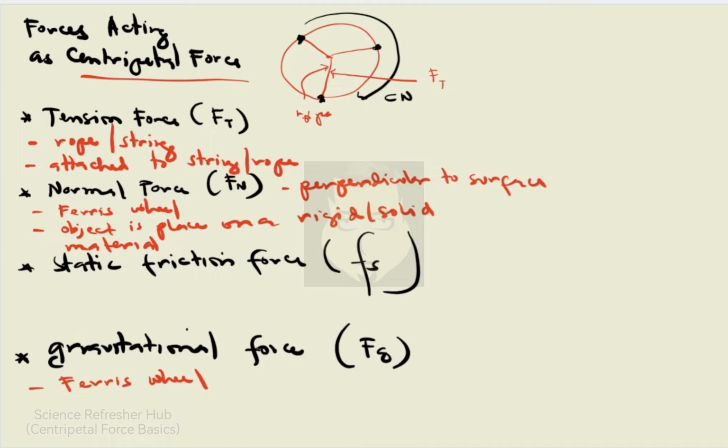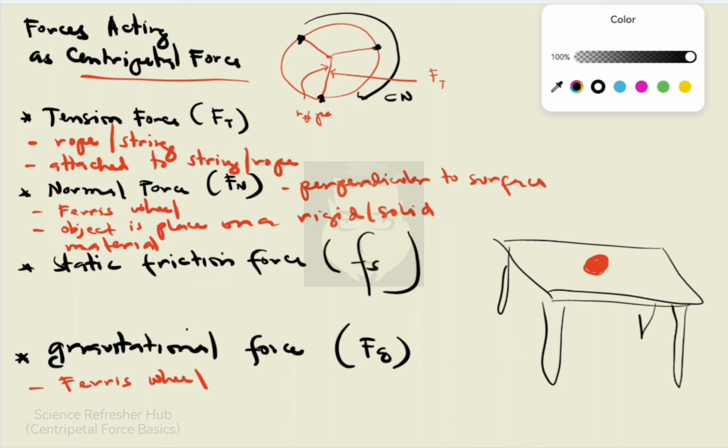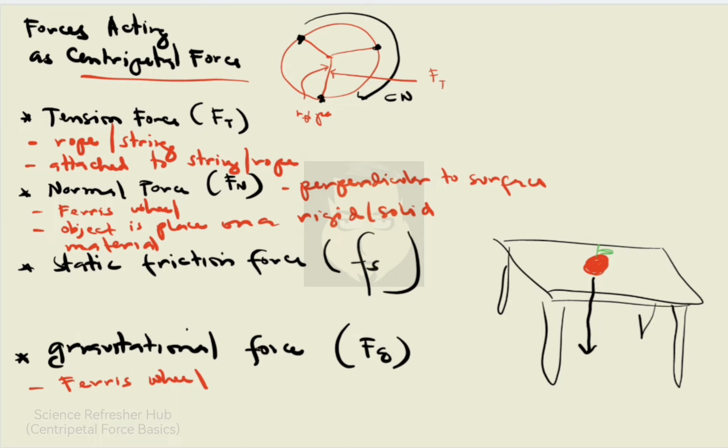Okay, I will try to draw. Let's say, for example, we have a table here, and we have an orange on the table. So, as we all know, this is influenced by a downward pulling force of gravity.